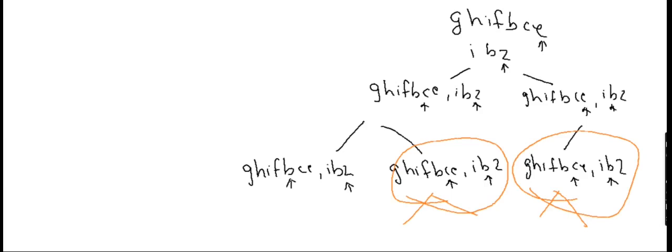Optimal substructure is, if this is going to be returning me the longest common subsequence between these two substrings, there's no other way you can find the longest common subsequence.